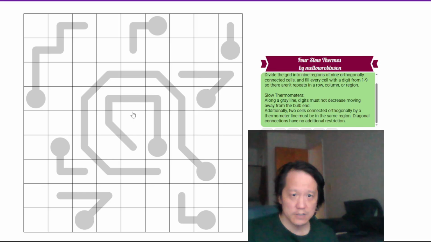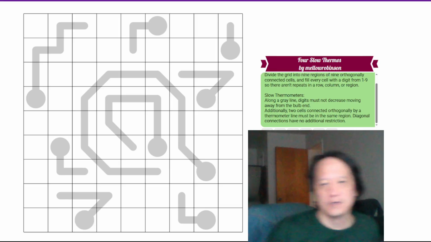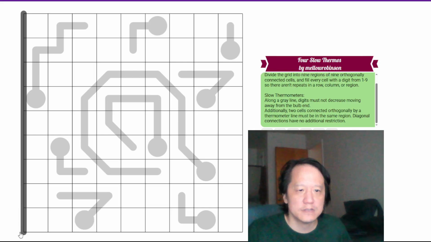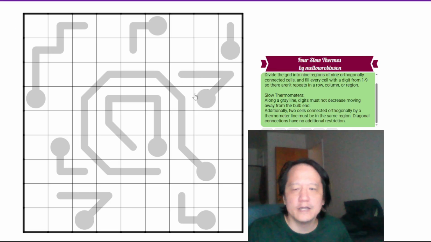Let's go. Okay, so let's draw edges of lines. Let's do the whole boundary. And anywhere that two cells are connected orthogonally by a thermometer line must be in the same region. So this is the same region, and this is the same region. Same with this, and that.